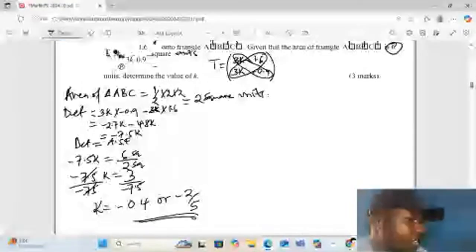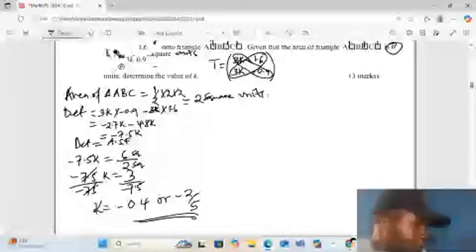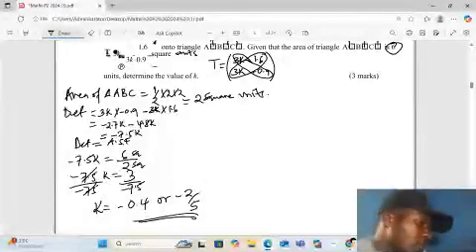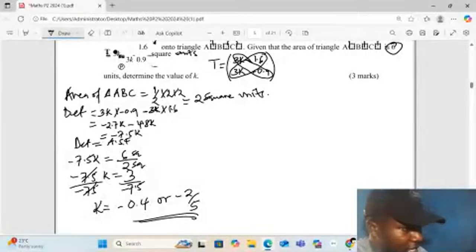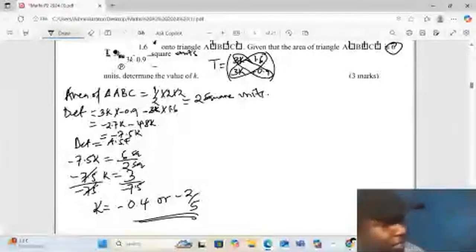That's simple. First of all, you find the area of triangle ABC, that is a half by 2 by 2, so you get 2 square units. Then the determinant: you take 3k times negative 0.9 minus 3k times 1.6, and your determinant becomes negative 7.5k.